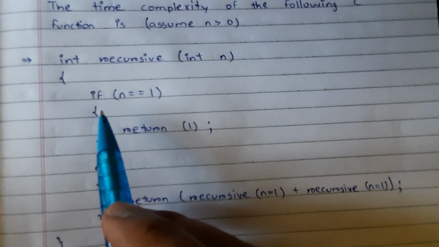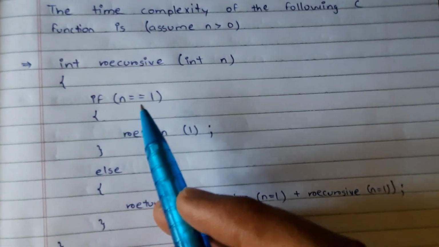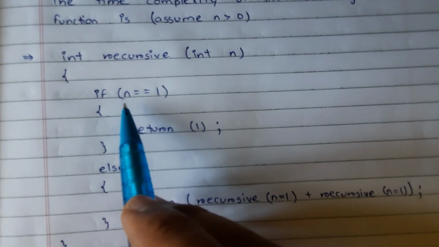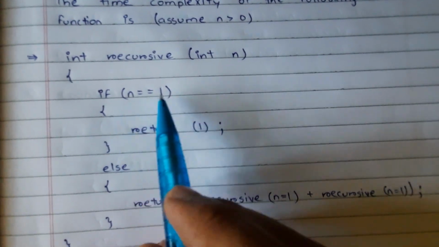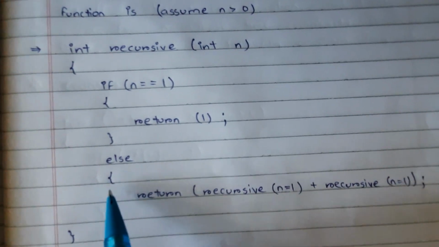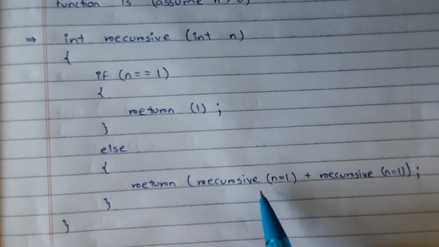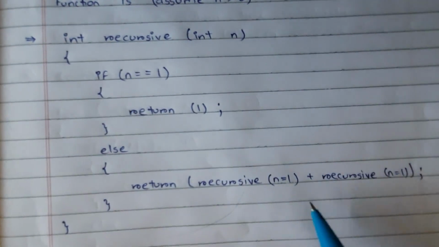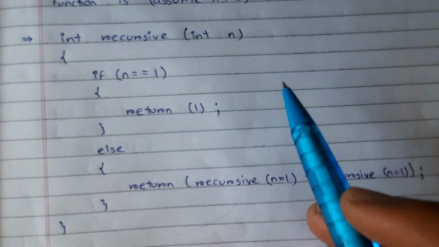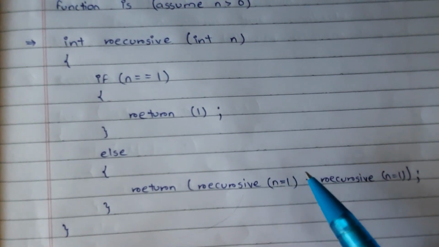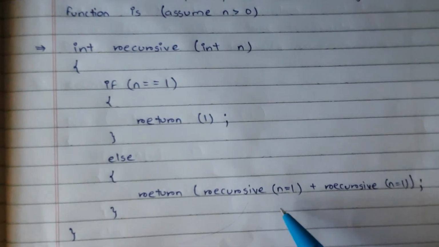If we call this function, it will come to the if condition and check if n is equal to 1, then return 1, else it will return the recursive function calling itself, plus it will again call this function. So it will be like nested calling of this function.